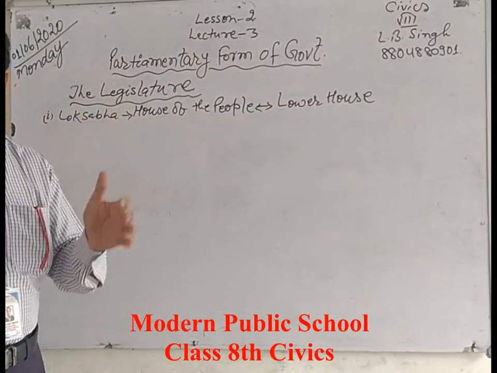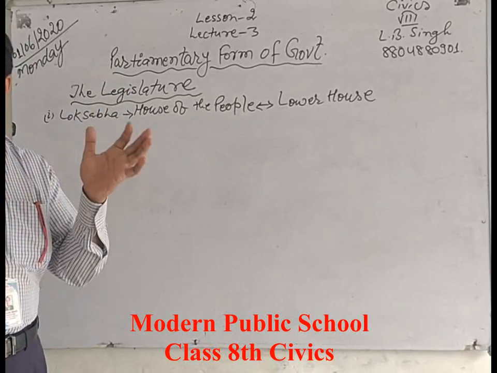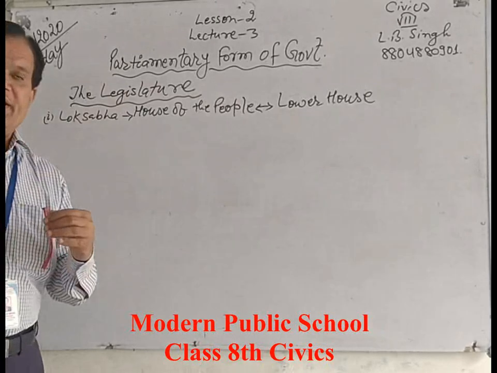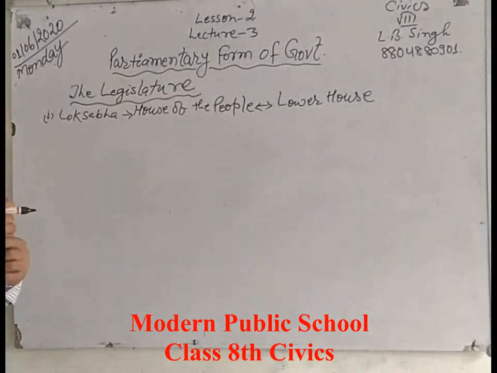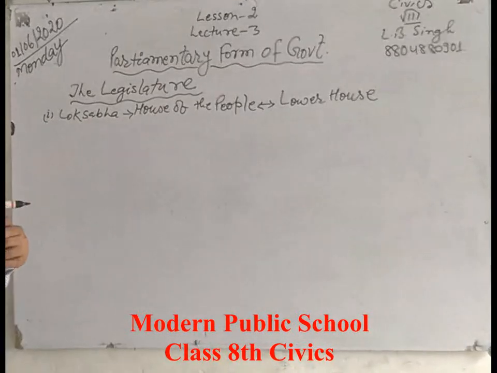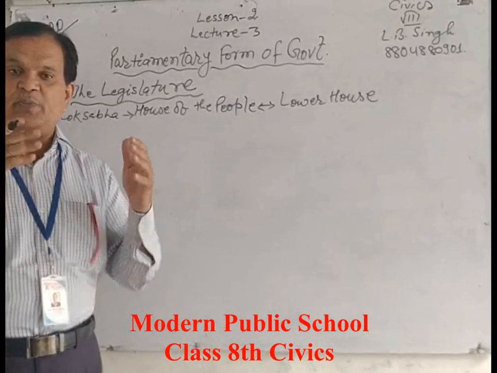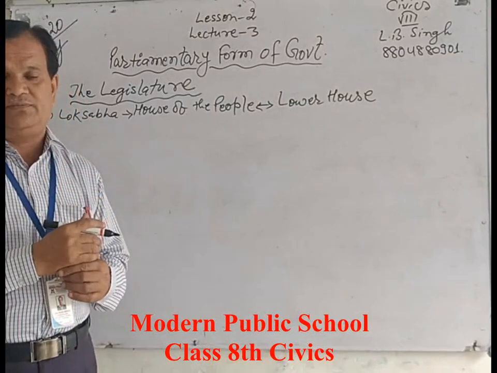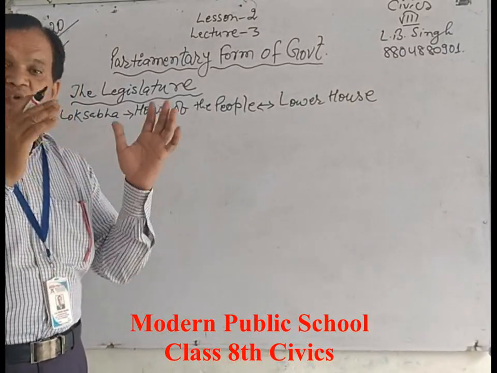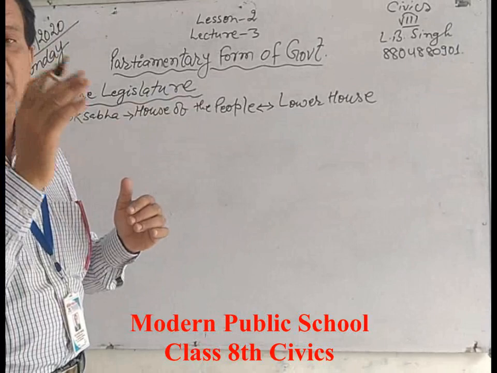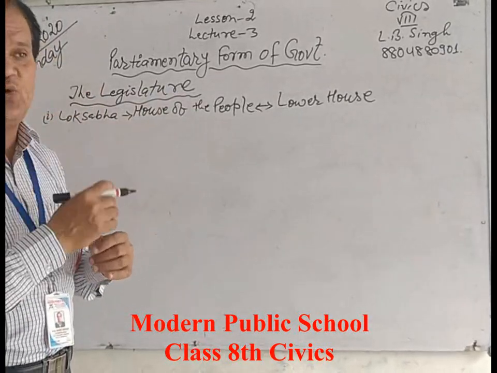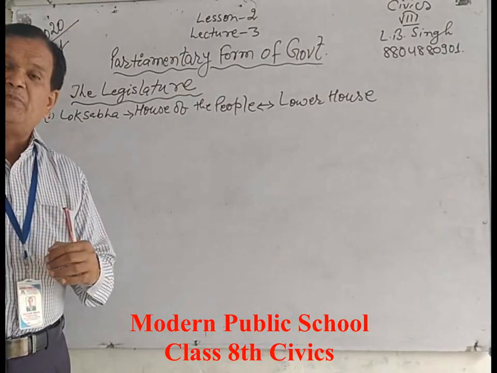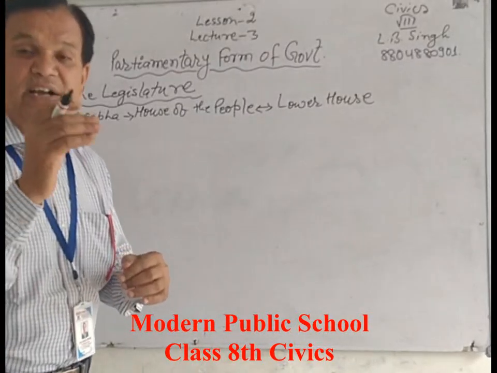All the people of India whose age is more than 18 years have their name listed in the voter list. When the election comes, they participate and cast their vote for choosing the member of parliament, according to their choice, in favor of a particular candidate.